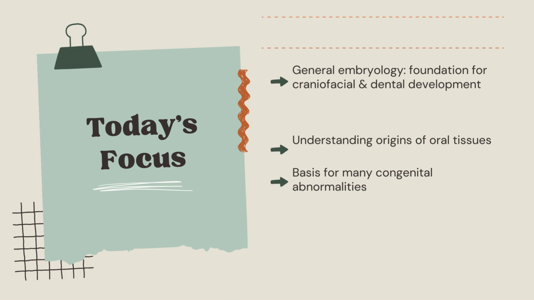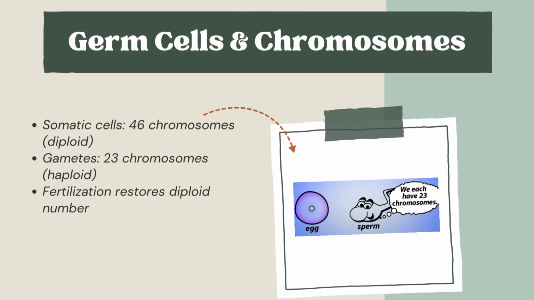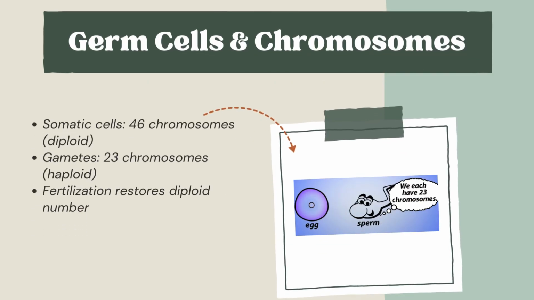So, in this session, we'll walk through the basic events that prepare the embryo for forming the major tissues of the oral cavity. In humans, almost every somatic cell in the body contains 46 chromosomes. This is the diploid number. These chromosomes exist in pairs, 22 pairs of autosomes and 1 pair of sex chromosomes. But when it comes to reproduction, the story changes.